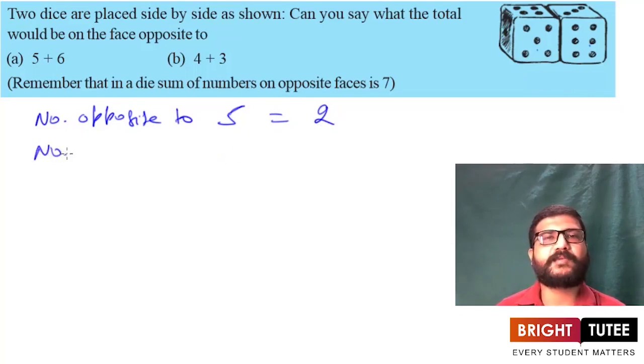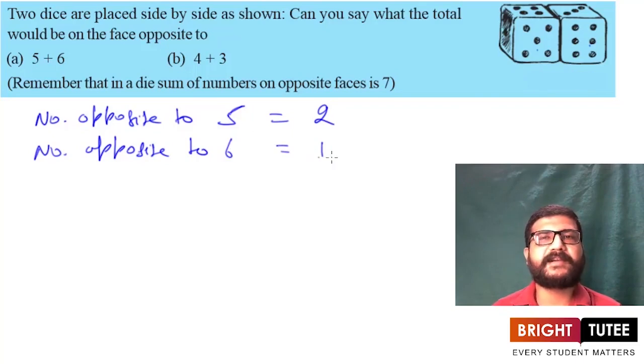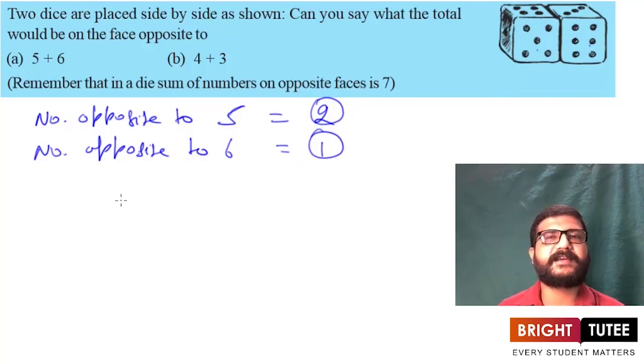Now the number opposite to 6, this will be 1 because the sum has to be 7 only. So here it will be 1. Now what is the sum of these two numbers, or what is the sum of opposite faces? It will be 2 plus 1, and that is 3. So therefore answer for the first part of the question is 3.